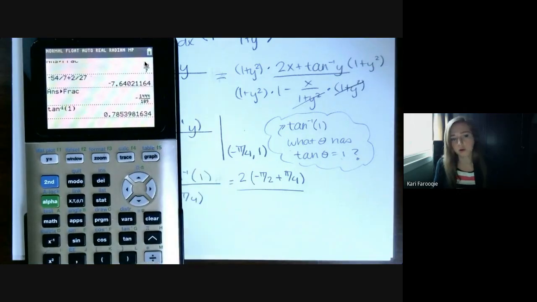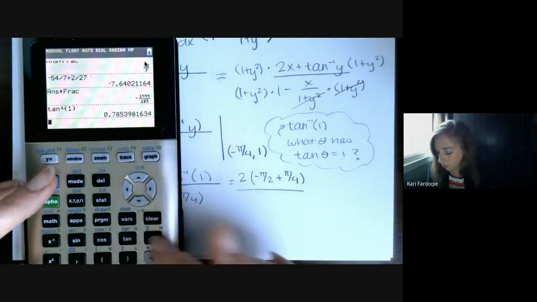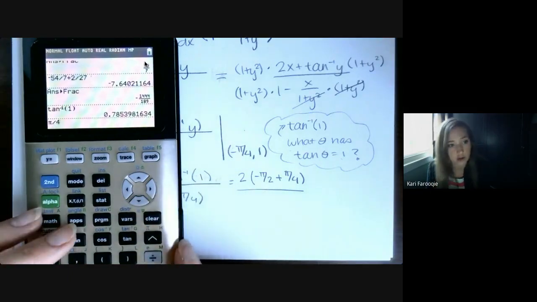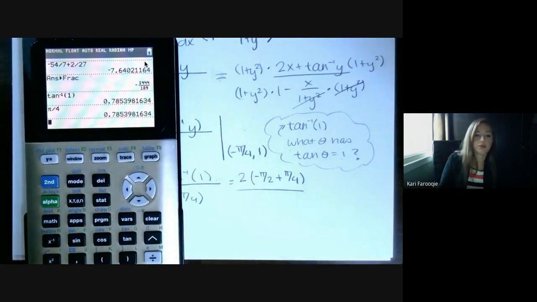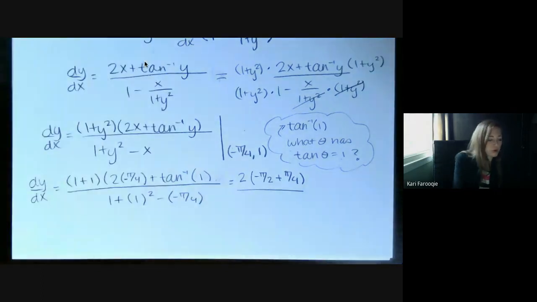So inverse tangent 1 is approximately 0.785. If you're not sure if that's pi over 4, just enter pi over 4 and get a decimal approximation. If you get the same digits, it's pi over 4. That's one that we should remember pretty well from trig because we used it all the time.